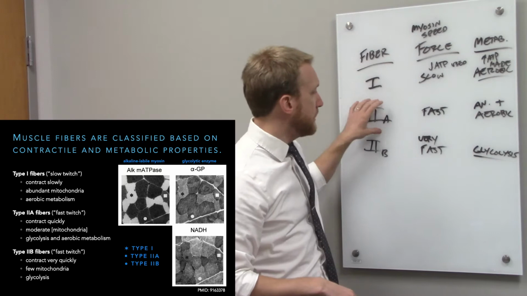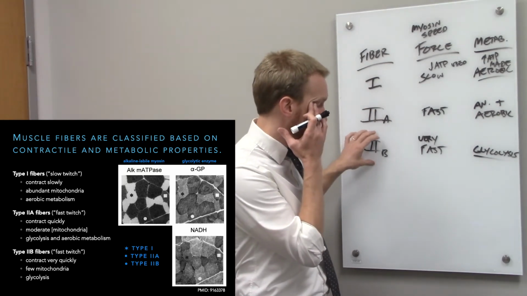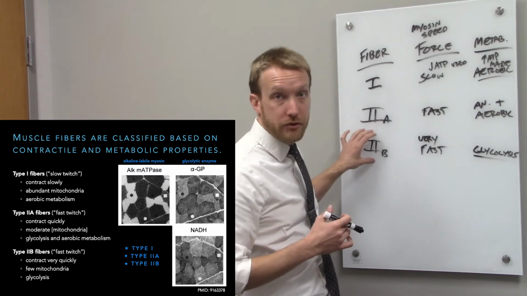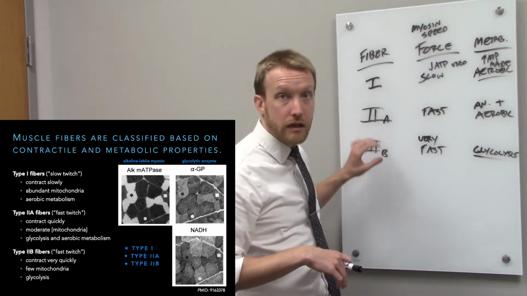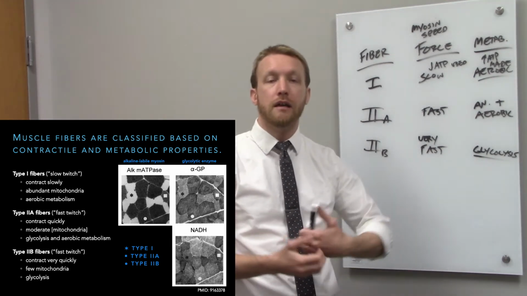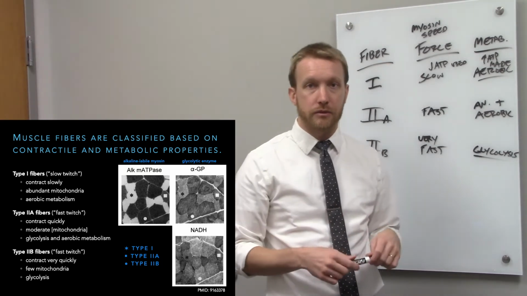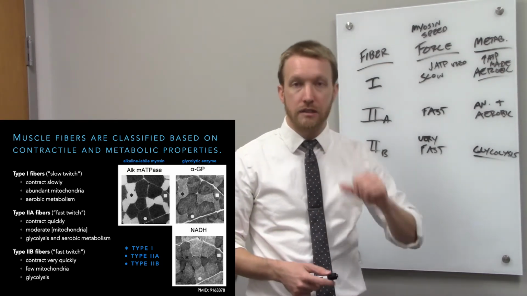You see a moderate amount here, that's why it's just fast, not very fast, and you see a much heavier amount in the type 2B, so in the circle there on the top left. So that alkaline myosin ATPase can help us distinguish these types of fibers. How much of the fast myosin ATPase do you have?